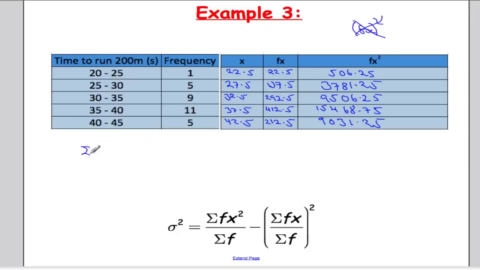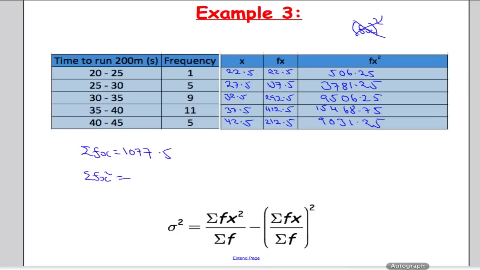So the sum of the frequency times the midpoint equals 1077.5.